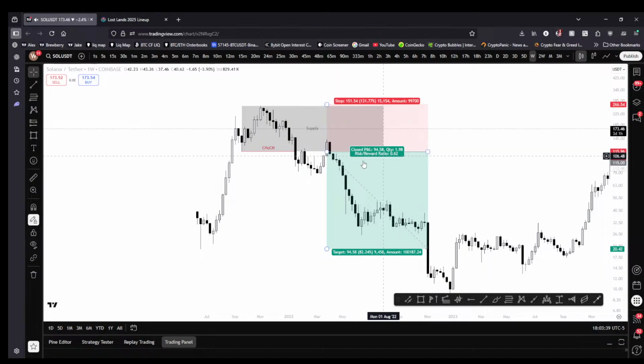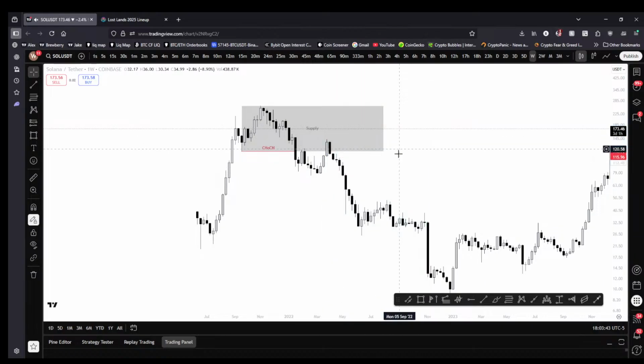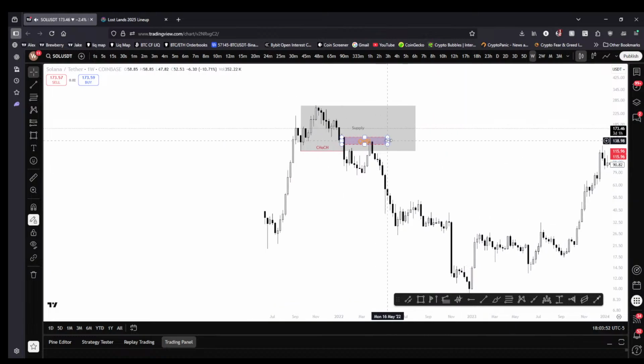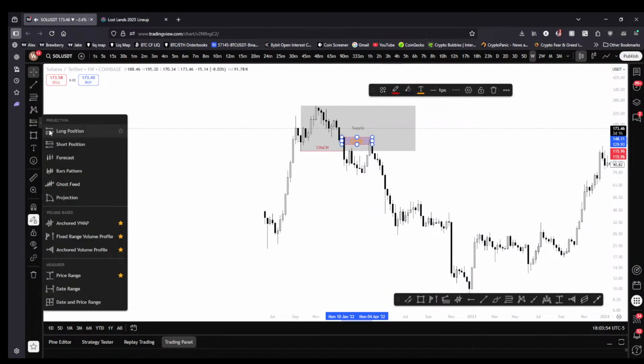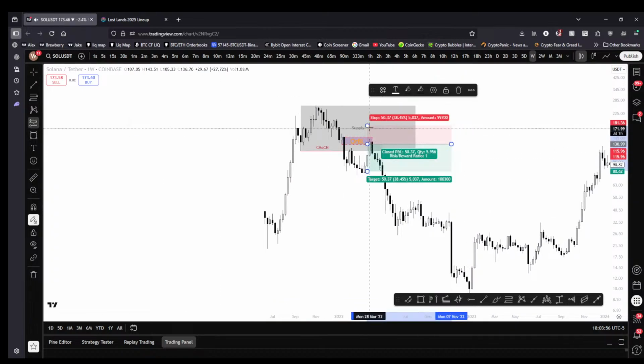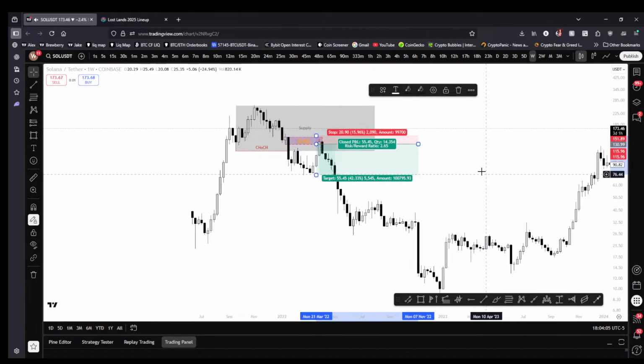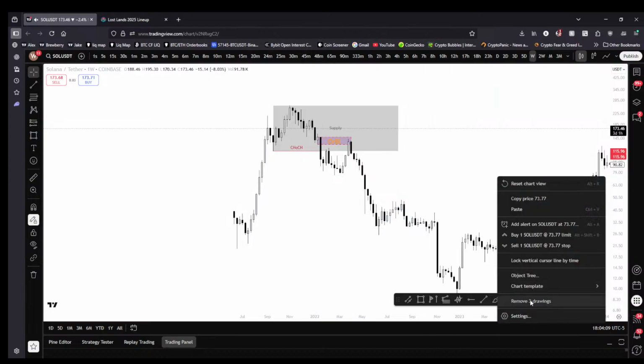RR is not there on this trade, even though it's a win, right? So, what do we look for? Oh, hey, look, there's an order block here. Two risk to reward there. You could have taken that trade. All right, let's look at the bullish stuff.